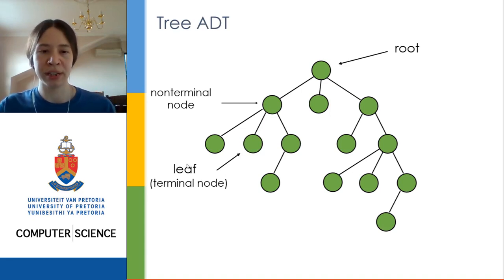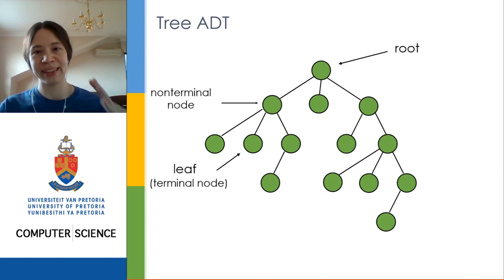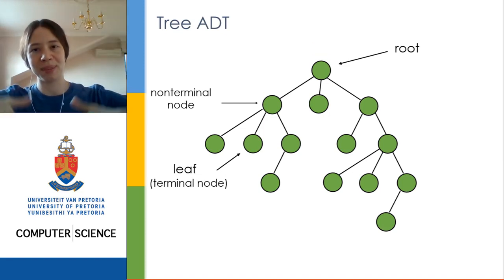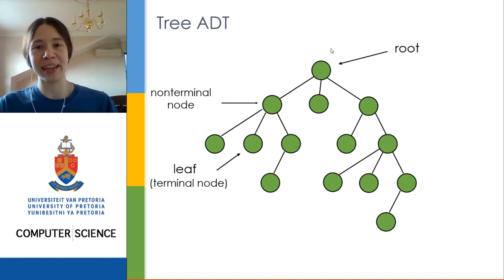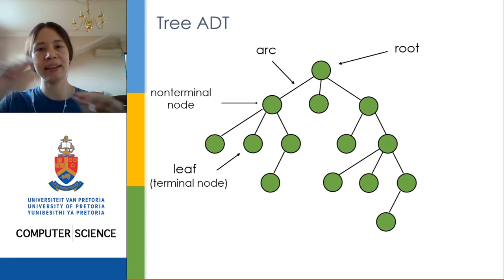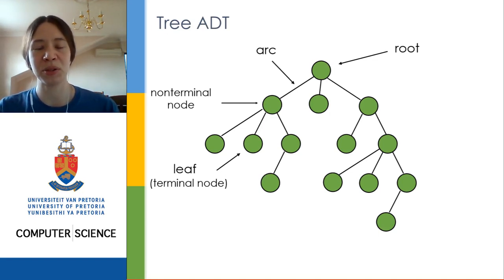Another word for it is the leaf of the tree. So again, think of this as a tree that has been flipped upside down. The root is at the top and all the leaves are at the bottom. And then the connections between the individual nodes are referred to as the arcs of the tree.